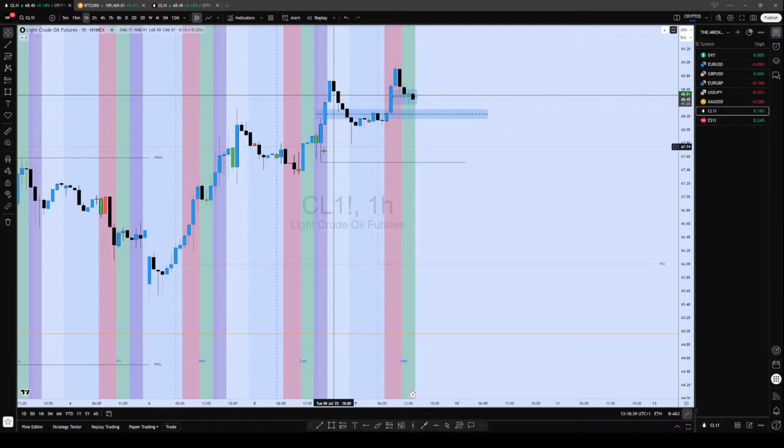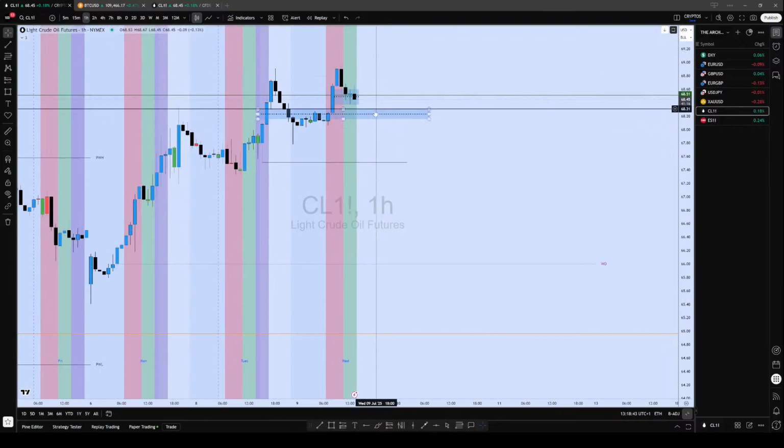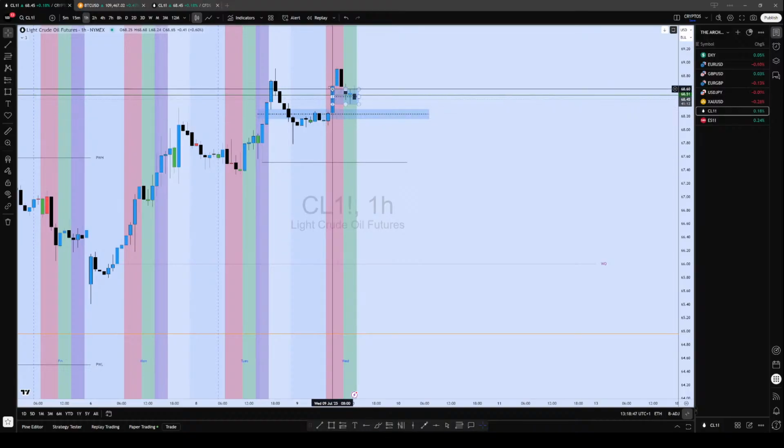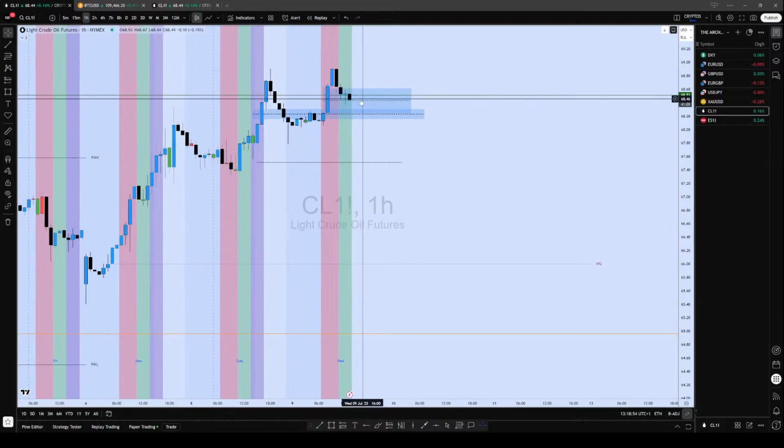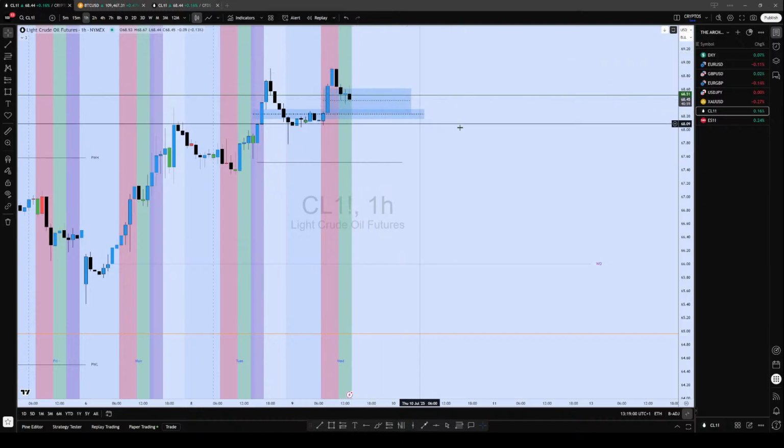As long as we are above that, we are still valid to go higher. London created a gap, so I'm expecting this New York to hold this gap and then send it higher one more time. So patiently wait for 2 p.m. and then we'll see what price will give us.